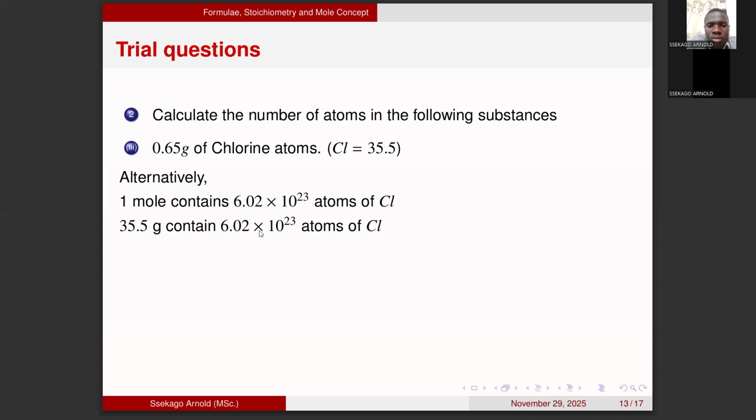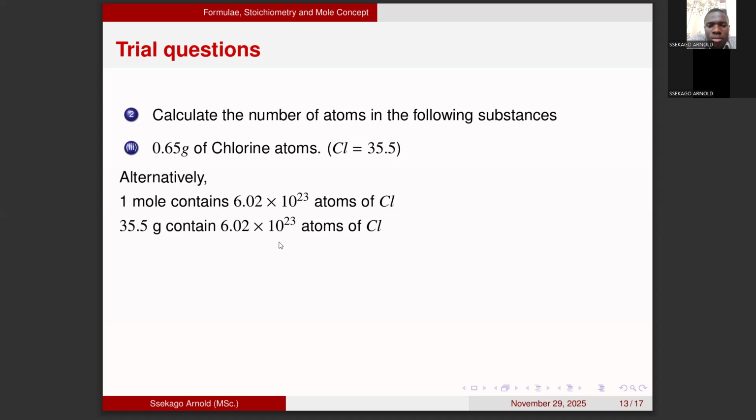If 35 students eat 70 kilograms of posho, 1 student, on average, will consume 70 over 35 kilograms of posho.